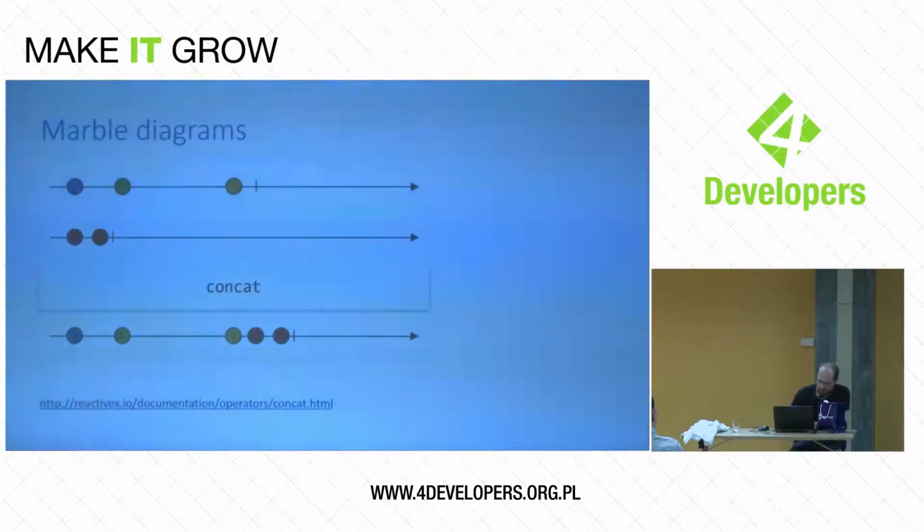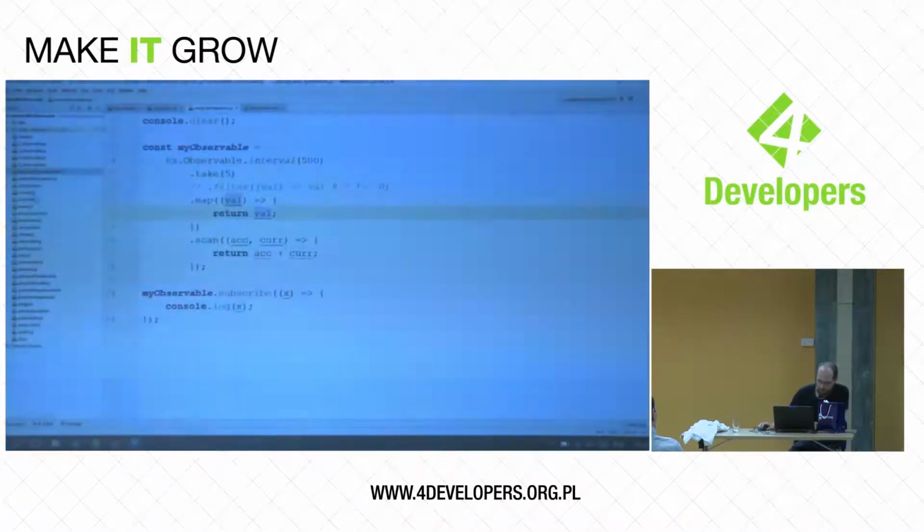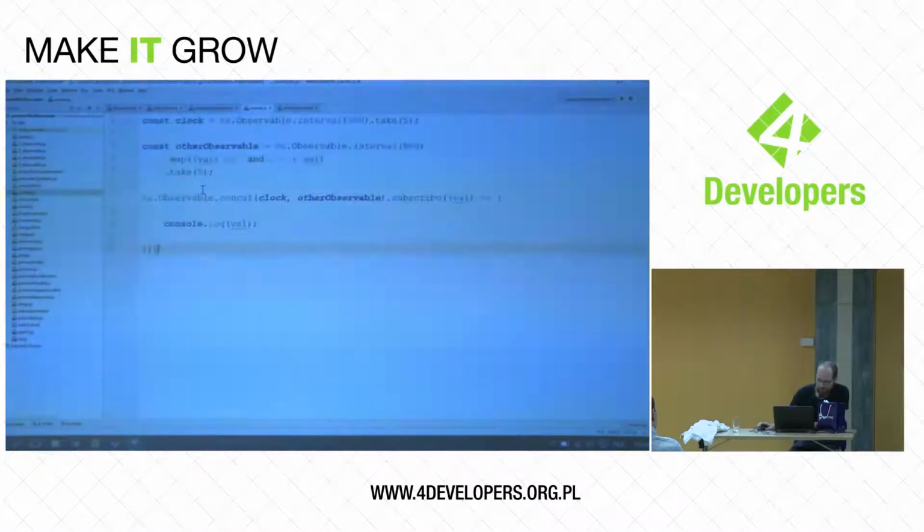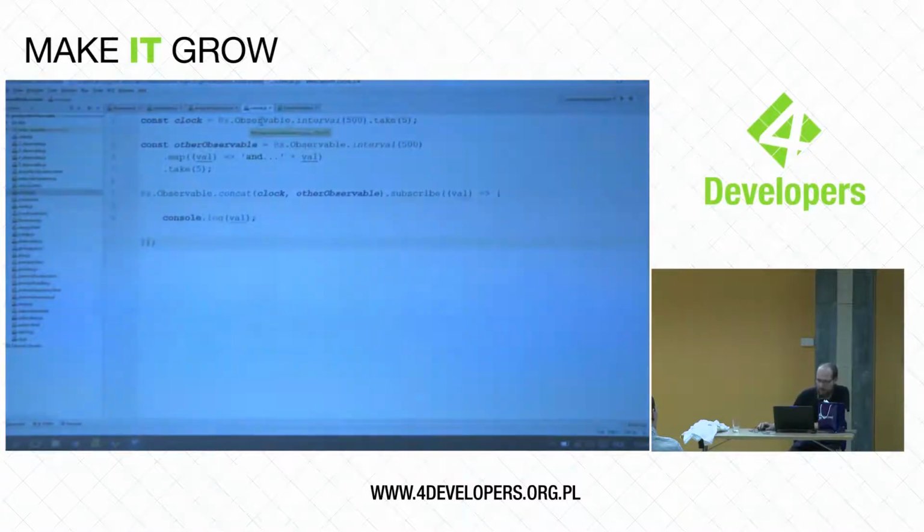And let's check it out in the code. So I have 2 intervals. I'm gonna take 5 from each one of them. This one's gonna be mapped to a string, so we can see the difference. And then we concat the 2 of them, subscribe, and let's see what happens.